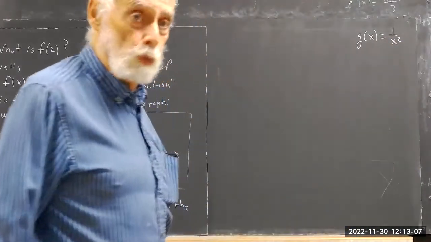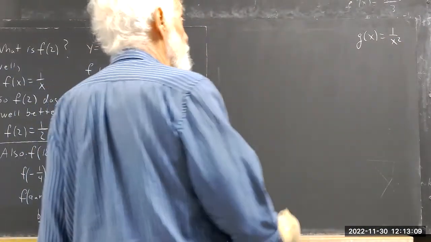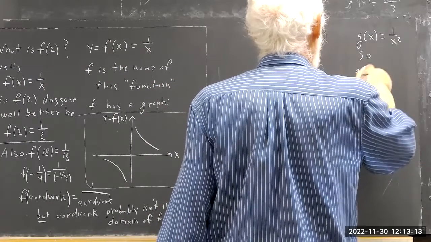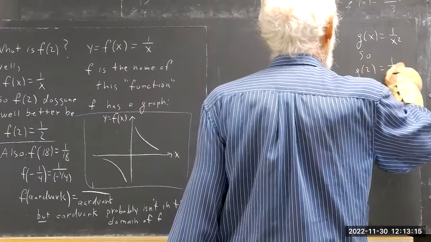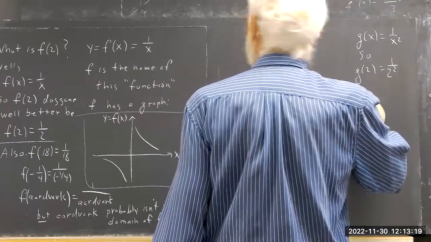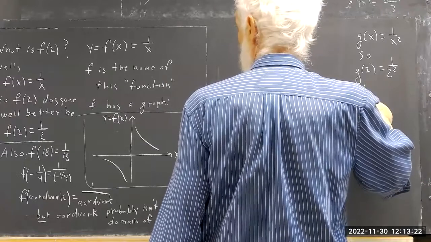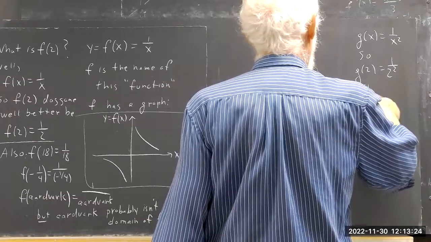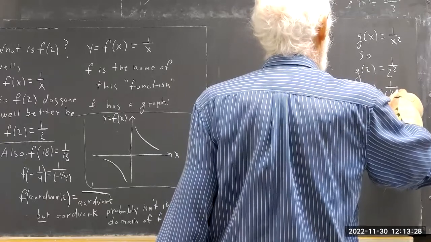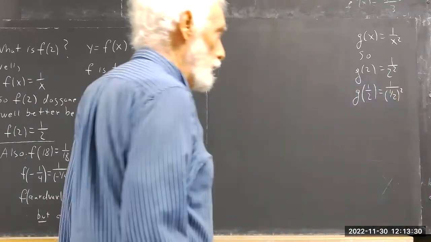G of x equals 1 over x squared. So, g of 2 is 1 over 2 squared. G of 1/2 would be 1 over quantity 1/2 squared.